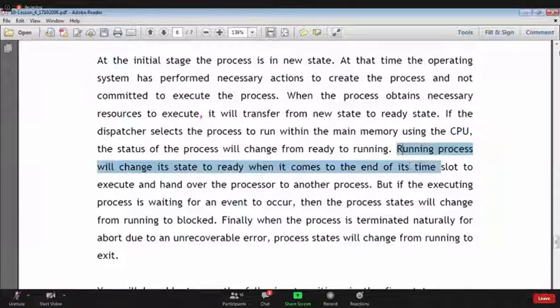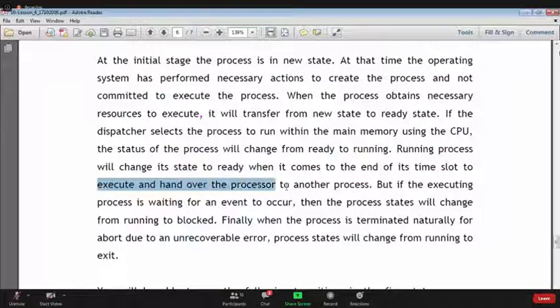A running process will change its state to ready when it comes to the end of its time slot. So if the given time slot of the CPU is finished, you have to put it back to the ready state, and hand over the processor to another process.